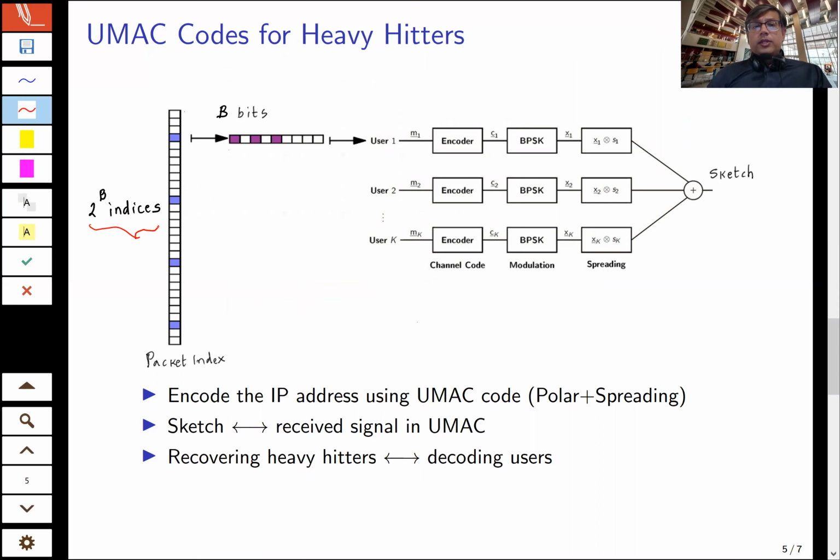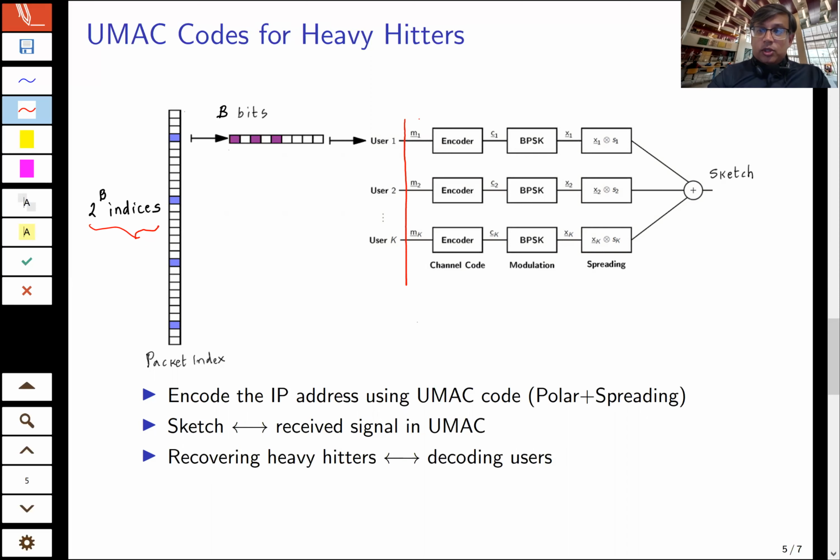This is the actual IP address of the packet that's flowing through. So what you do is you take the IP address of the packet, take the 64 bits, and you encode it using a multiple access code. For example, the polar coding scheme that I described in part B. So this whole part is like a code that's defined for the multiple access channel.